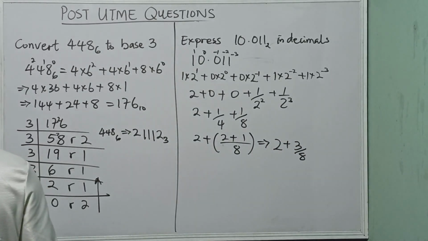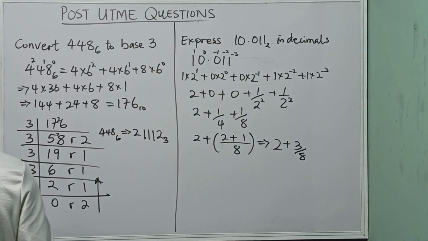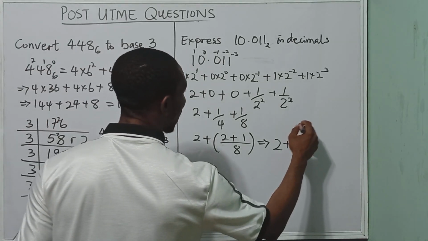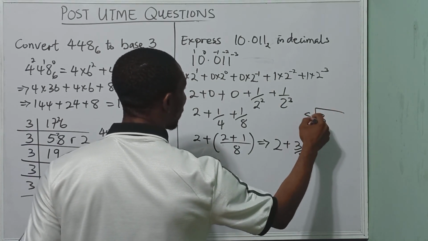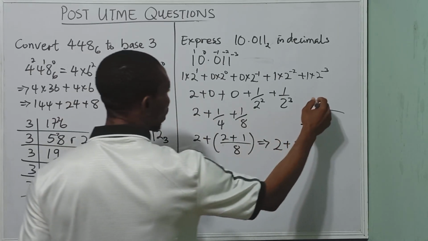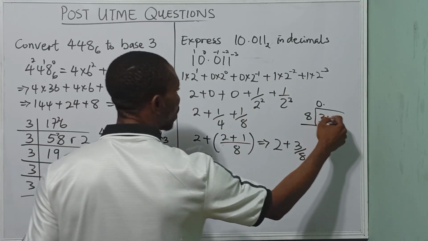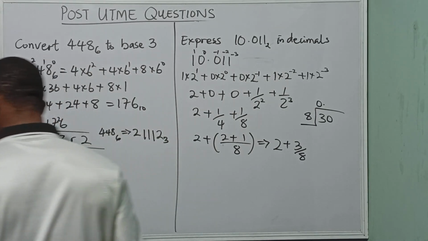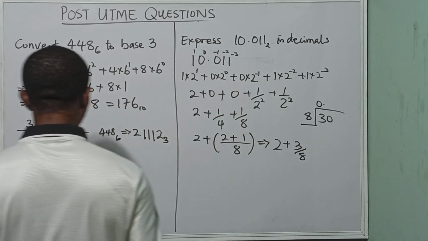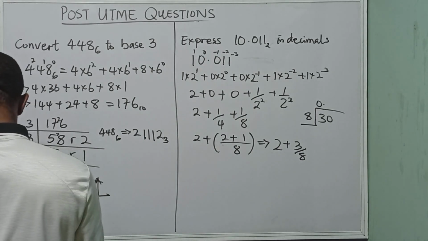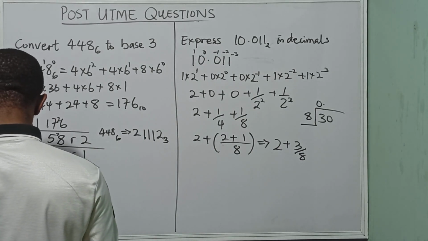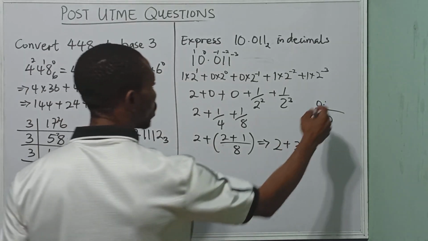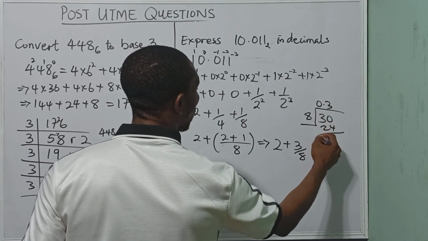Now, in decimals, 3 divided by 8 would give us 0.375. How do we get it this way? 3 over 8. 8 into 3 is 0 point. Add 0. 8 into 30 is 3, 3 times 8 would give us 24.